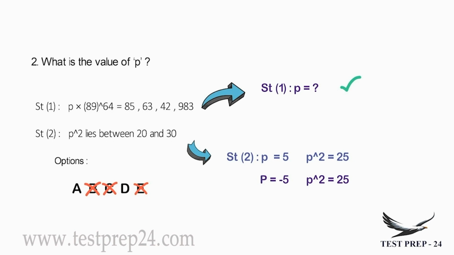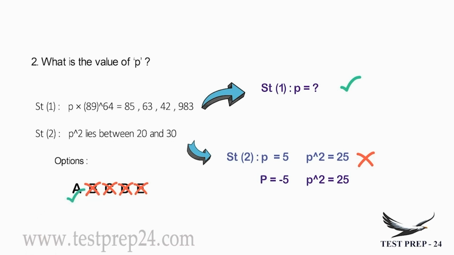And if I take my value of P as minus 5, even in that case I'll get the answer as 25, and that is again satisfying my statement. So in the second statement, two different answers are possible. When two different answers are possible, this statement is insufficient to answer your question. For this very reason, option D will be eliminated and option A will be your answer.